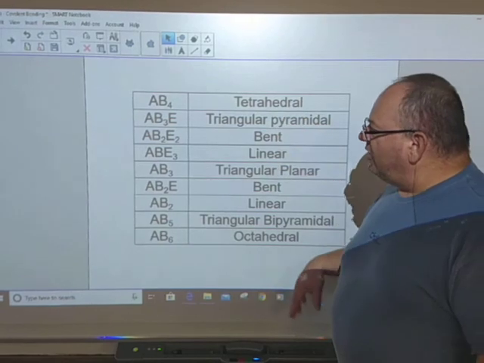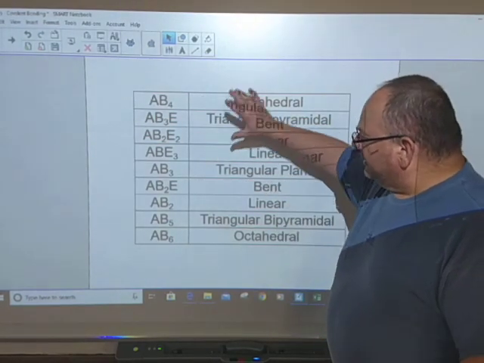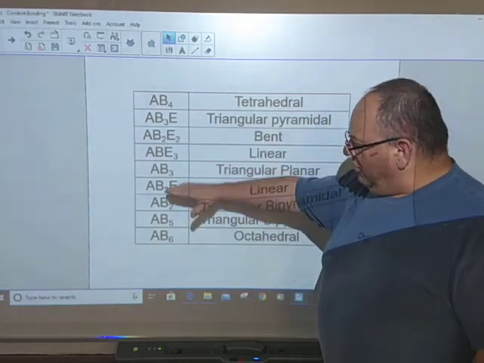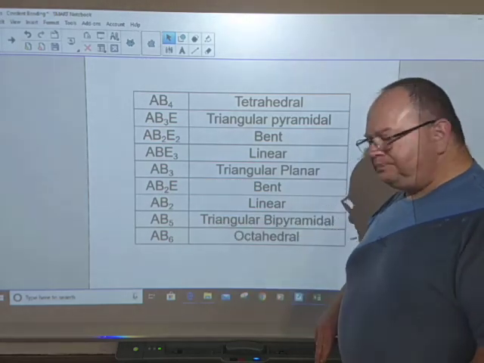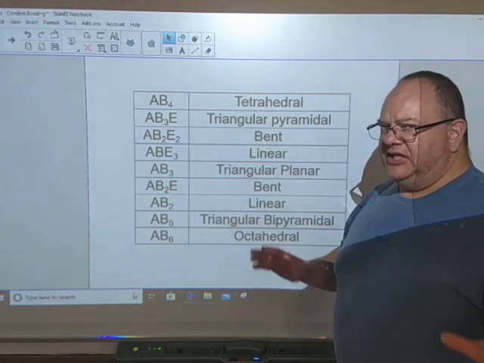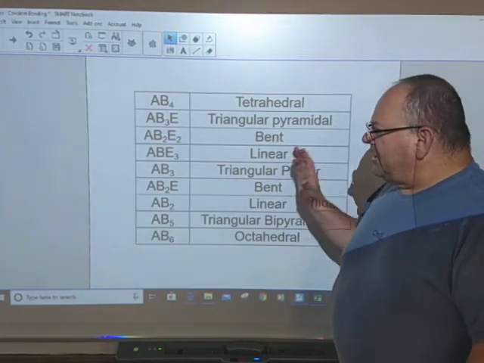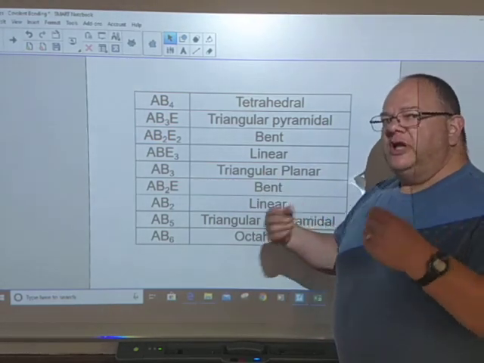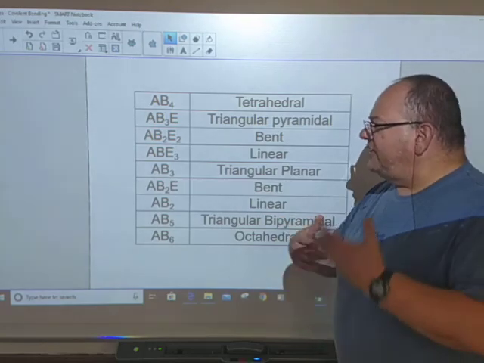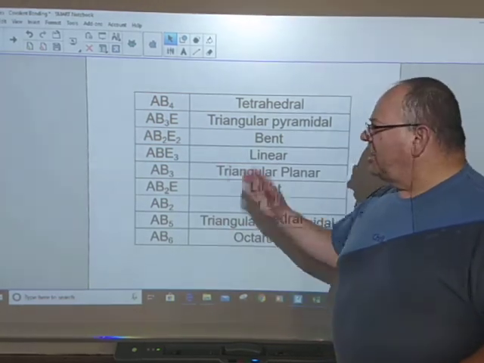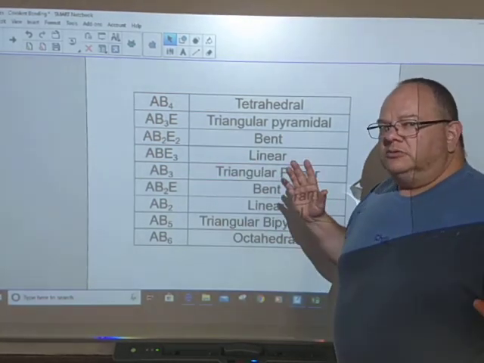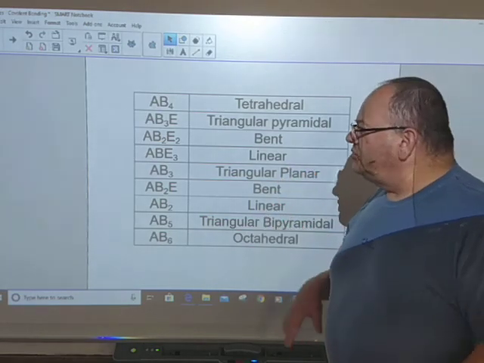So here's where we left off yesterday. We had gone through examples of all except these last two, and these last two are going to get into these exceptions that we're going to talk about. I'm expecting you to be able to look at a substance, figure out its notation, and then figure out its shape. Now, there's basically two ways you can do that.